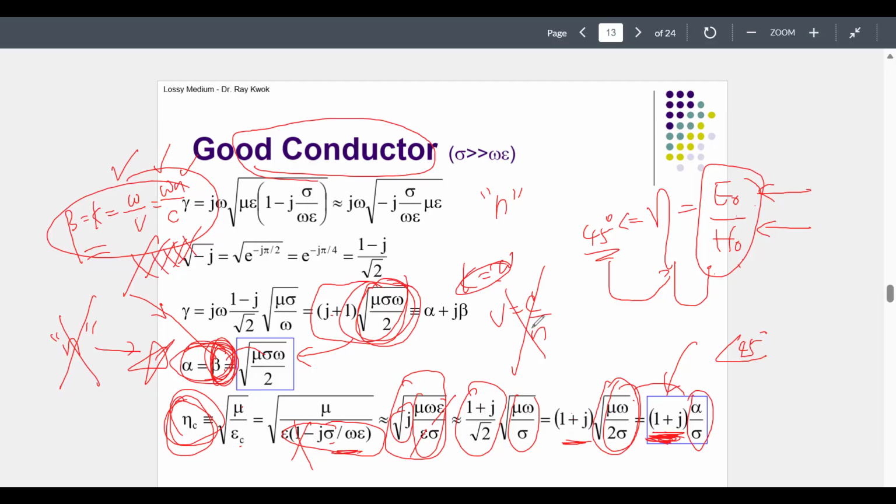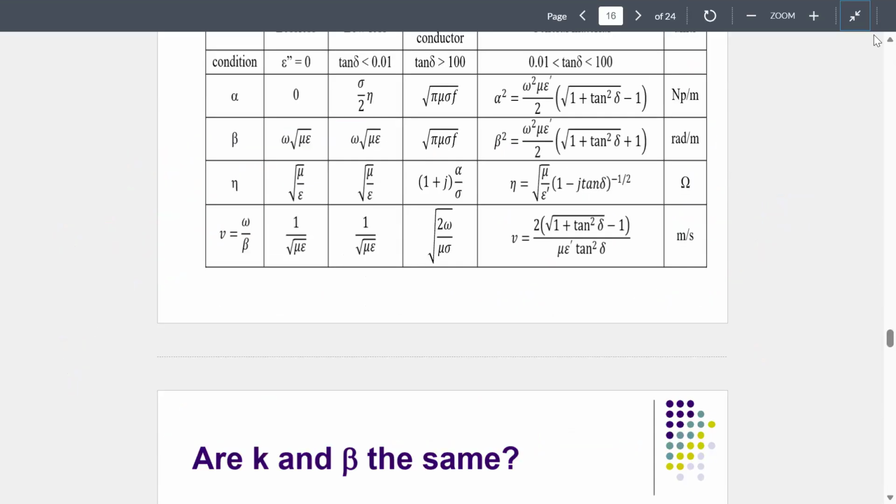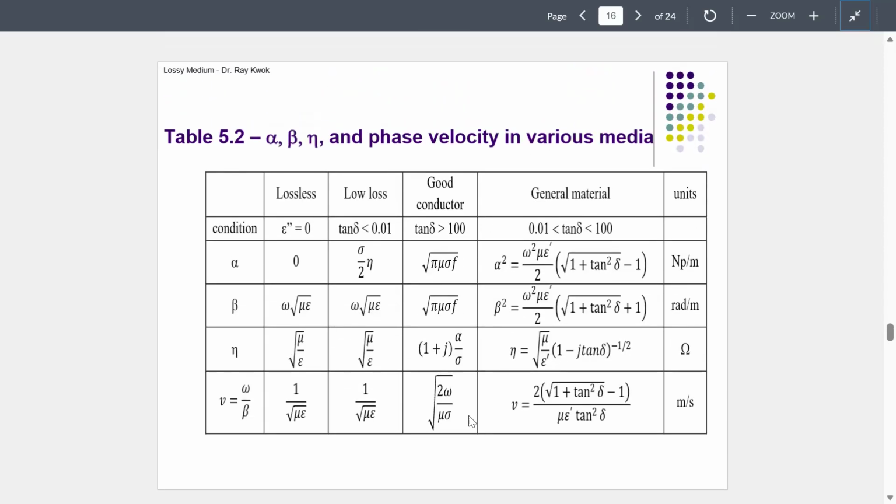Are we okay? Does omega over K still work as long as you use the right omega over K? No, because then K will be complex. Let's see. So the velocity becomes, this is just our alpha beta equations.